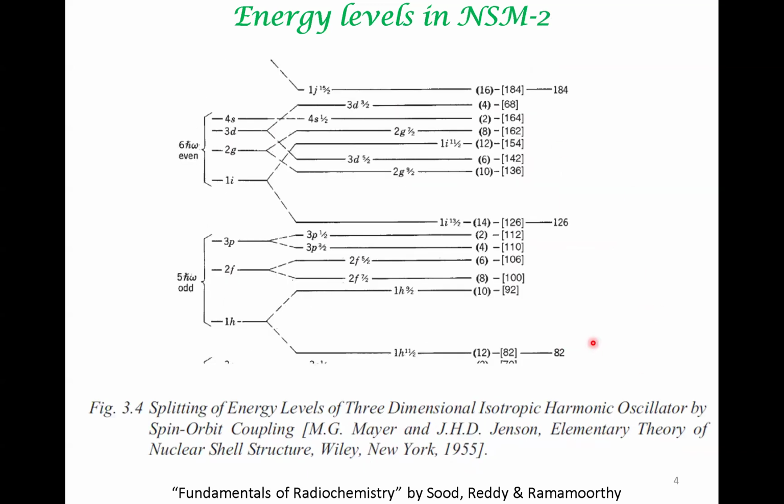Not only this, you can also go to higher levels, and again, to get the magic numbers right, you have to incorporate the coupling between L and S to get the J quantum number. So this is the central result.